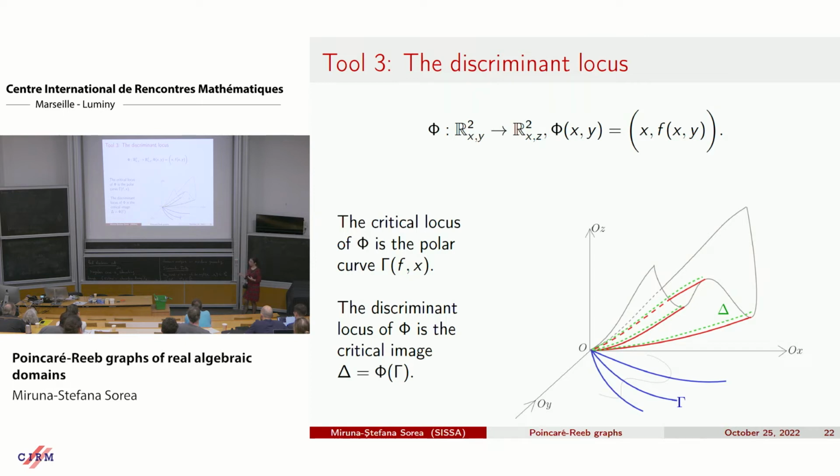Then this is the discriminant locus of our projection. In more algebraic terms, if we have this phi that sends xy to the pair x, f of xy, then the polar curve from before is the critical locus of this projection, and the discriminant locus will be the image of the polar curve via the map phi.